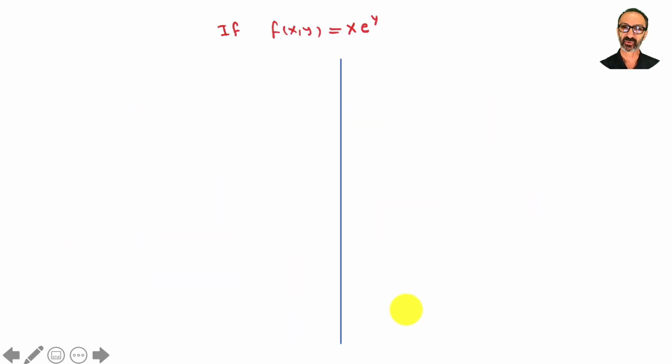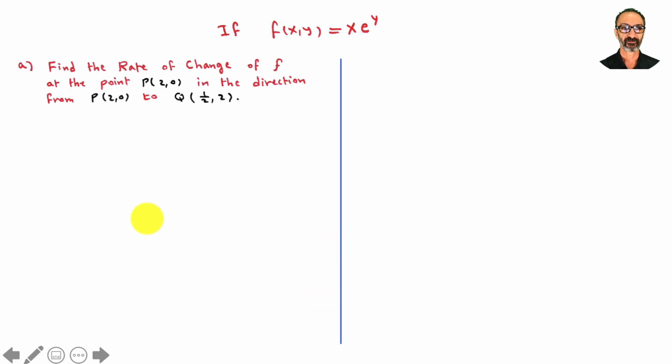If f of x, y equals x times e to the power y, find the rate of change of f at the point (2, 0) in the direction from (2, 0) to (1/2, 2). Now here's the gradient. We find the derivative with respect to x and the derivative with respect to y. We use the product rule, as you can see. With respect to x is going to be e to the y.